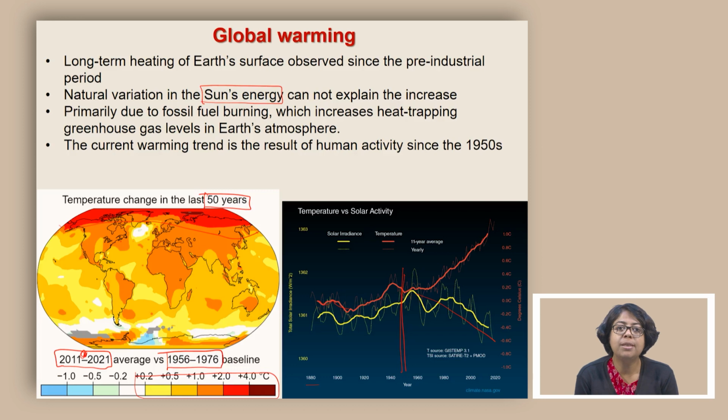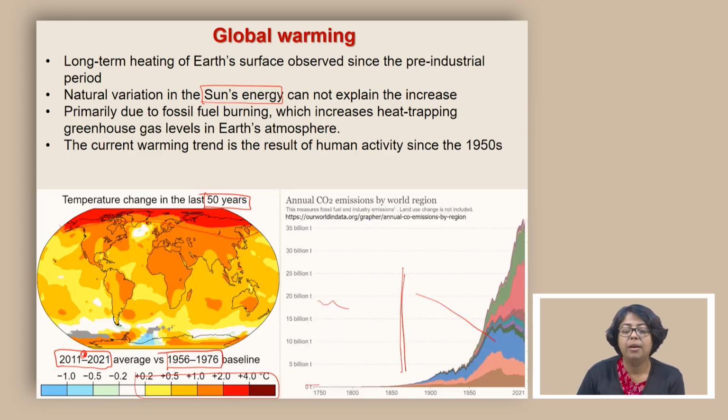Now, what is causing these kind of abrupt changes and steady change of warming over the last 20 or 30 or 50 years? One explanation is the annual greenhouse emission.